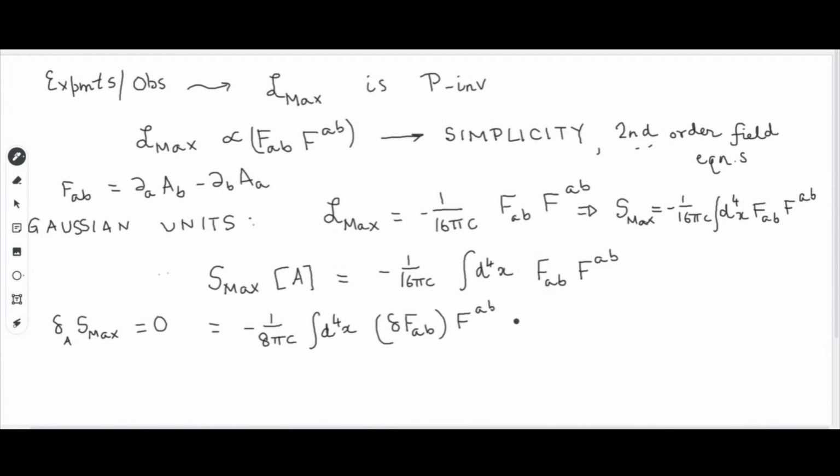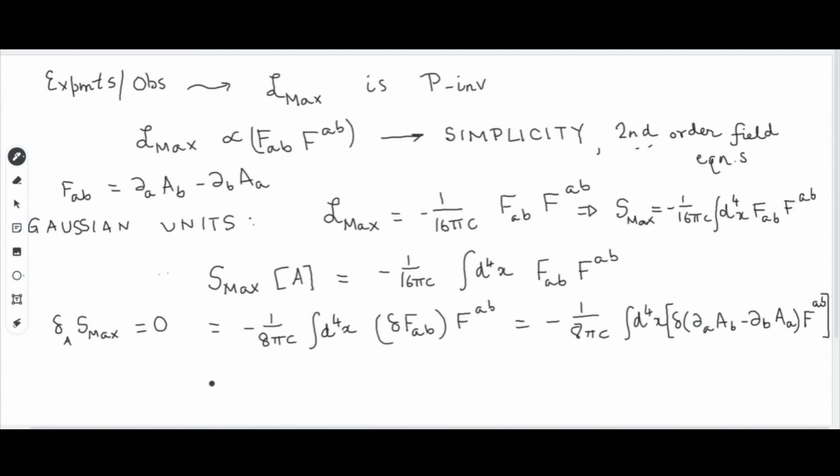Now what I do is I notice that this is further equal to this quantity: delta of del_A A_B minus del_B A_A, times F^AB. I've done it with the delta part.